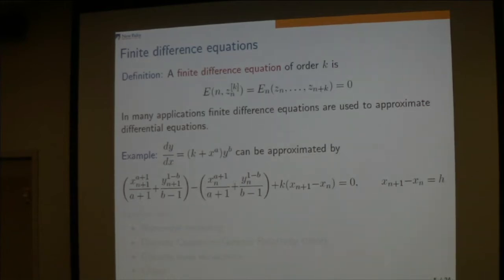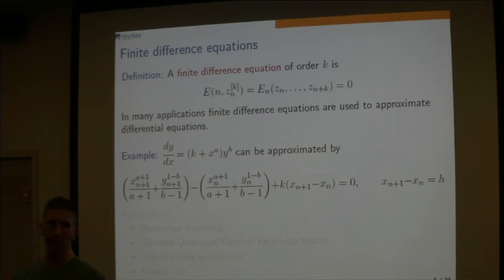The thing is that when you look at finite difference equations, you don't want to restrict yourself to equations where the step size is constant, because that limits the type of symmetries that we can actually consider.